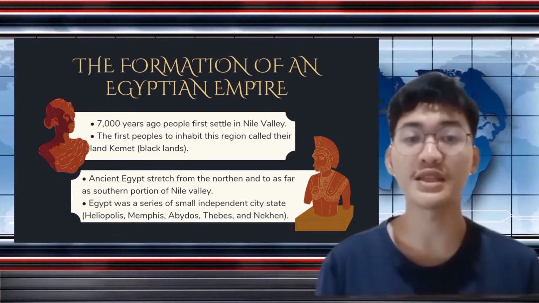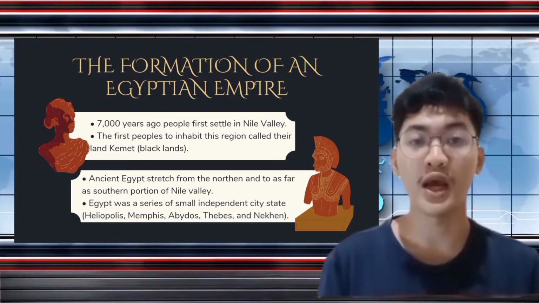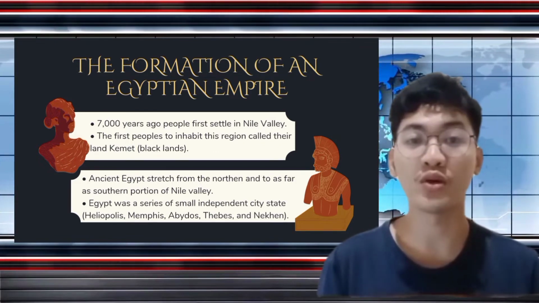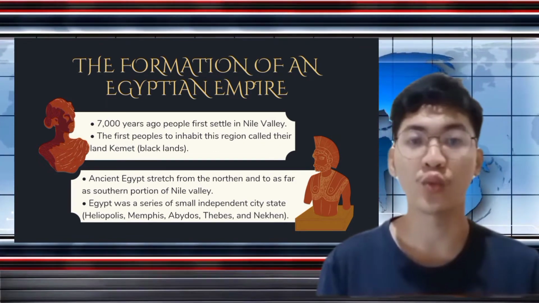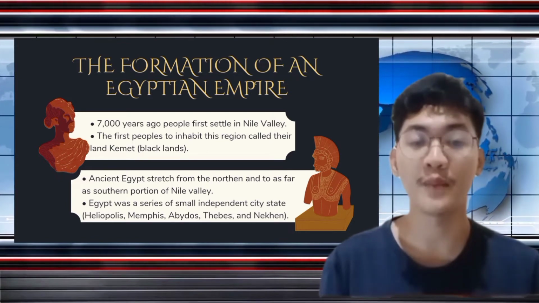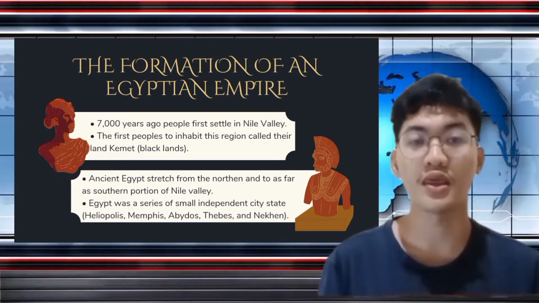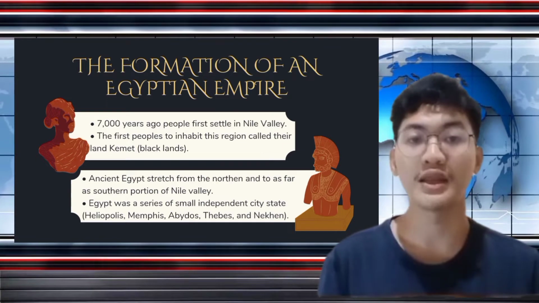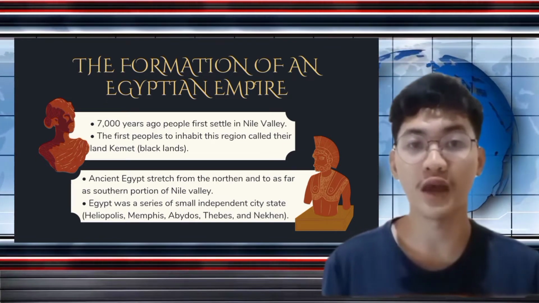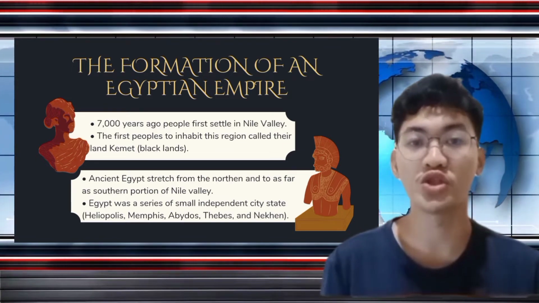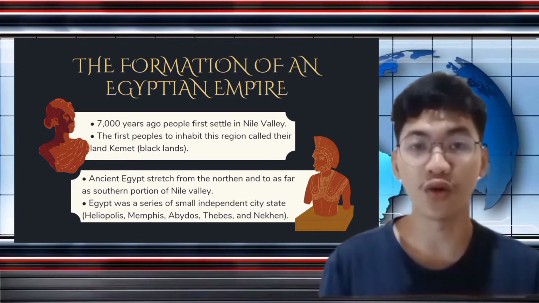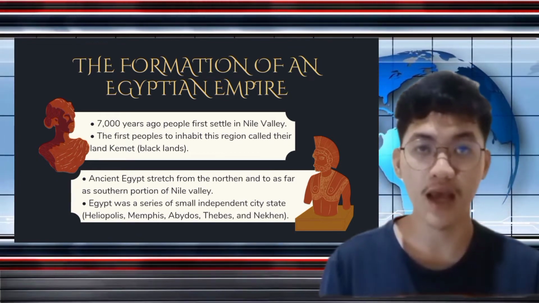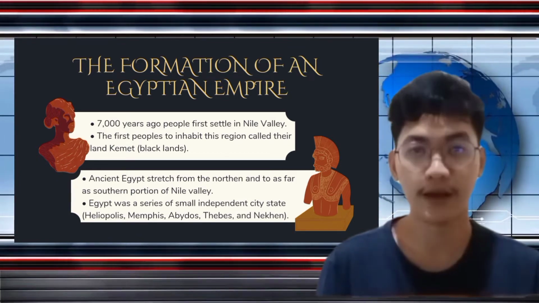Actually, before ancient Egypt became an empire, it was once a series of small independent city-states, which were Heliopolis, Memphis, Abydos, Thebes, and Nekhen, that bloomed along the North African Nile River, which stretched as far north as modern-day Syria and as far south as today's Sudan.